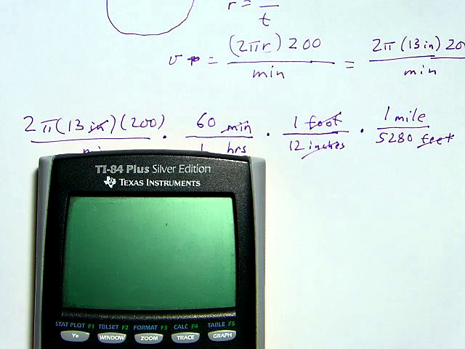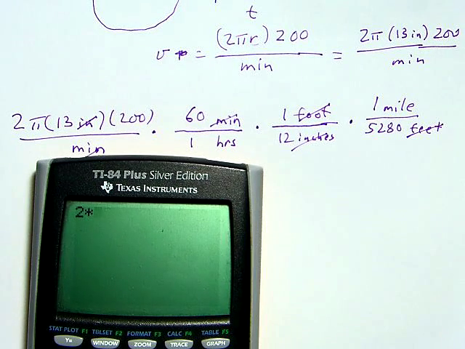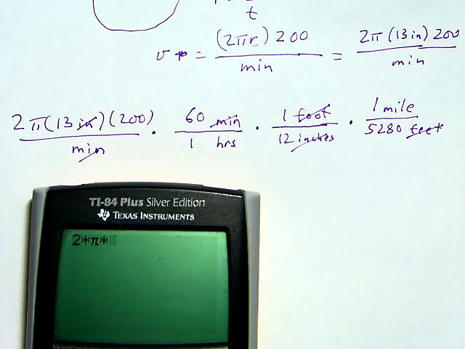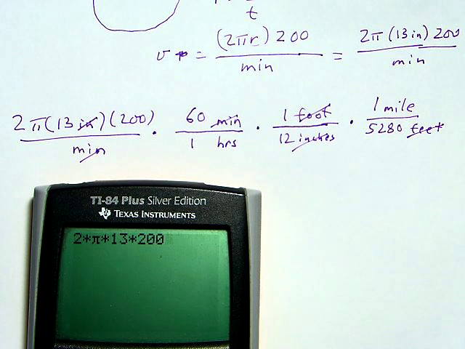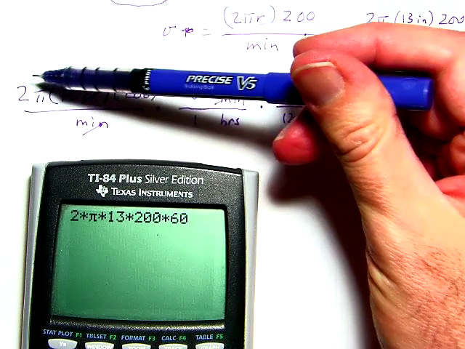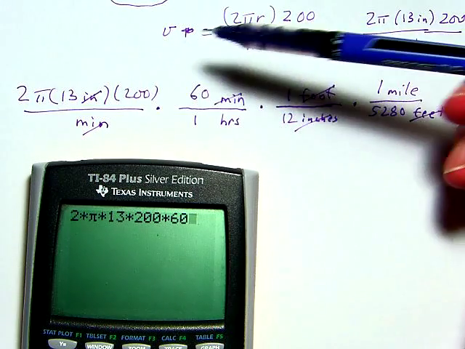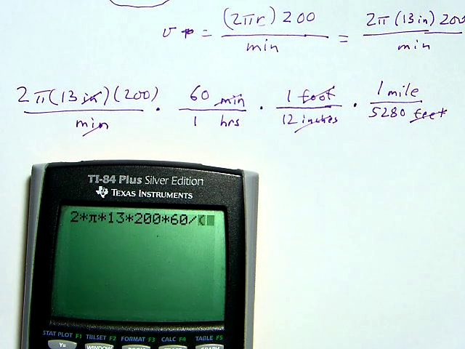So we've got 2 times pi times 13 times 200 times 60. That gives us everything that was in the numerator, 2 pi, 13, 260, all divided by, in parentheses, 12 times 5,280.